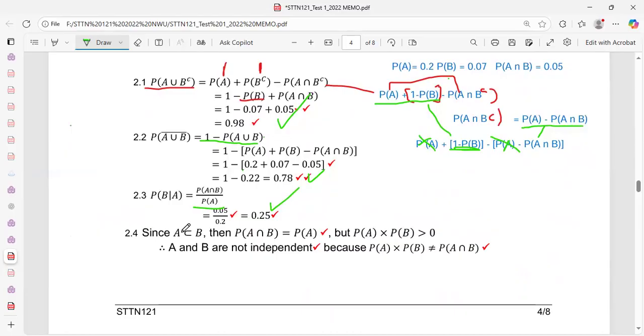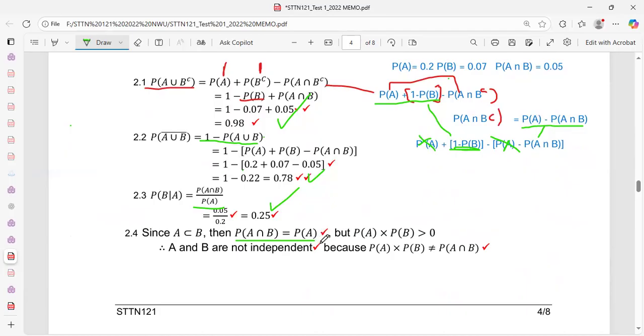Since A is a subset of B, then it means that the probability of A and B must be equal to A. On part 1, I have showed you if A is the subset of B, how do you see? I think I have explained that one.